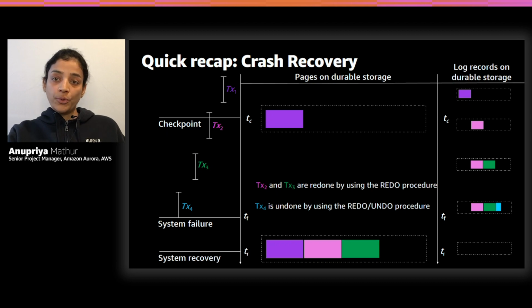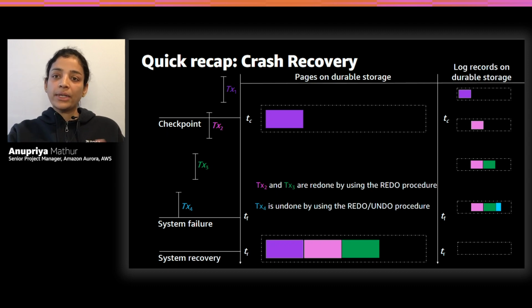For transaction 4, since it was not done, it will still use the log records to undo any changes that might have happened because of transaction 4 in order to get the system back to a consistent state. So this is how a database instance would typically use log records as well as checkpointing of pages down to durable storage in order to maintain consistency.